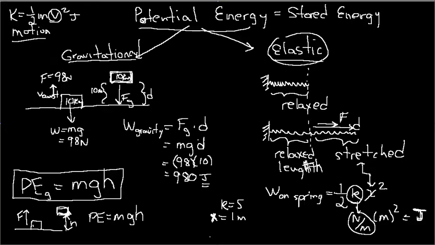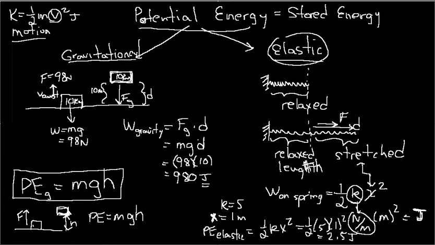So how much work is stored now as potential energy in that spring? Well, the elastic potential energy is 1/2 kx squared, which is 1/2 the k, which we said was 5, and 1 meter squared, so that's going to be 2.5 joules.